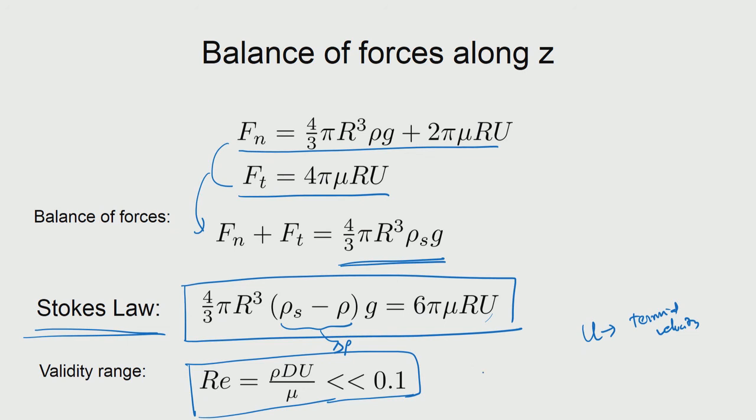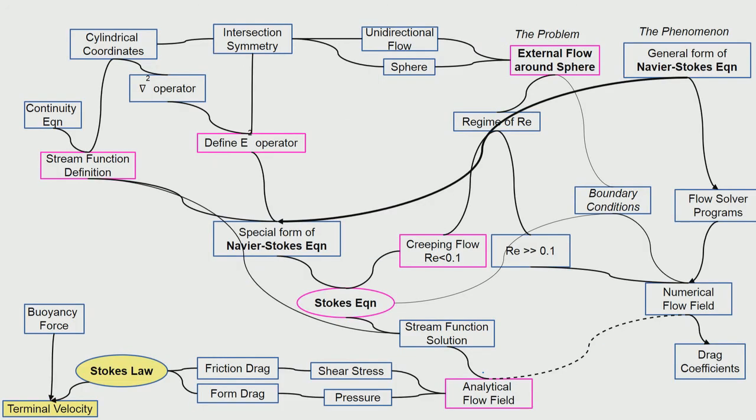So we have then finally arrived at the end of our concept map. We could see that we started off by looking at the stream function definition, the E square operator we have introduced, and we have seen that the Stokes equation is being used for our solution because we are actually in the creeping flow regime.